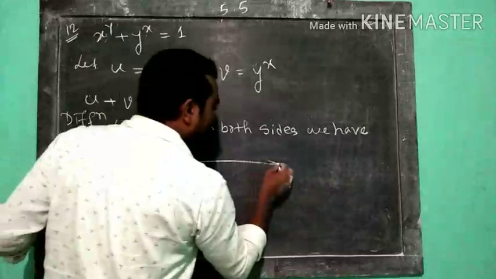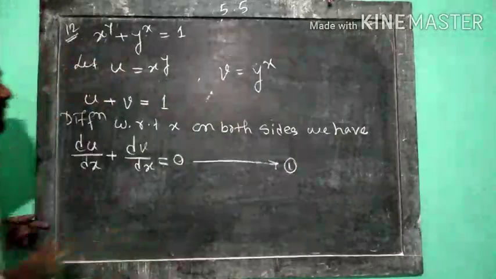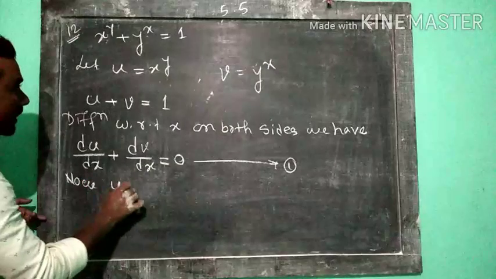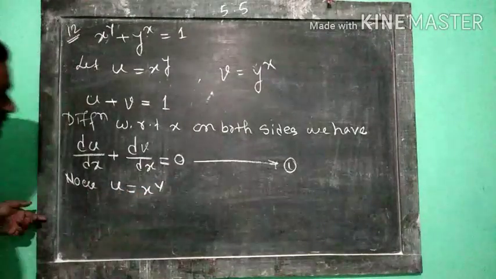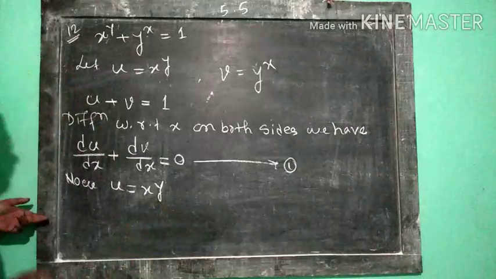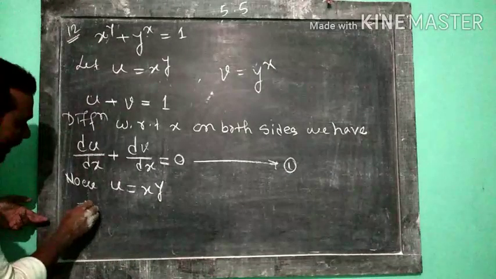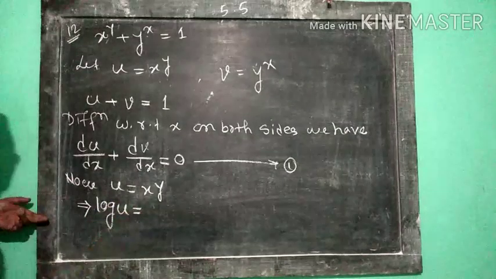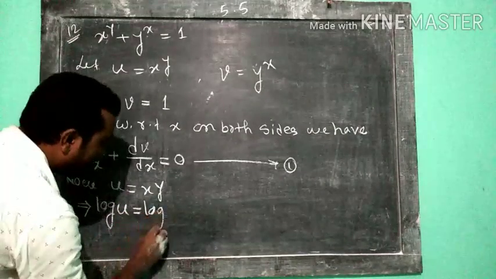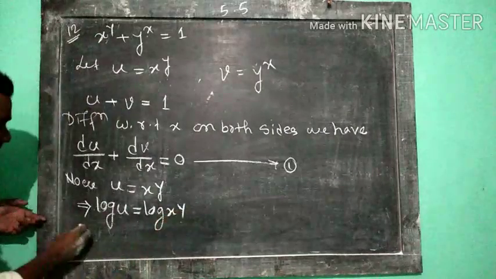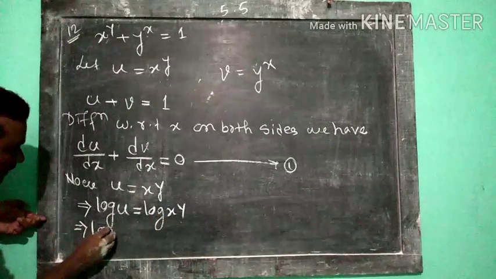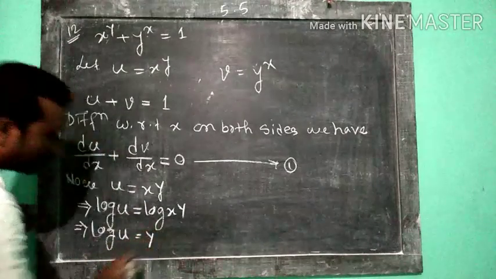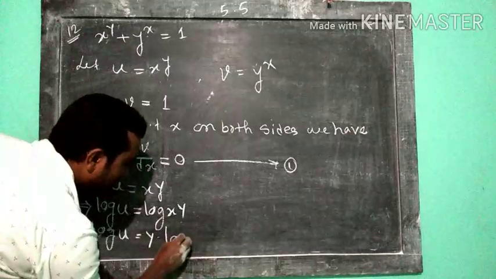This is equation number 1. Now u equals x to the power y. If we take logarithm on both sides, then we have log of u is equal to log of x to the power y. This can be written as log of u equals y into log of x.